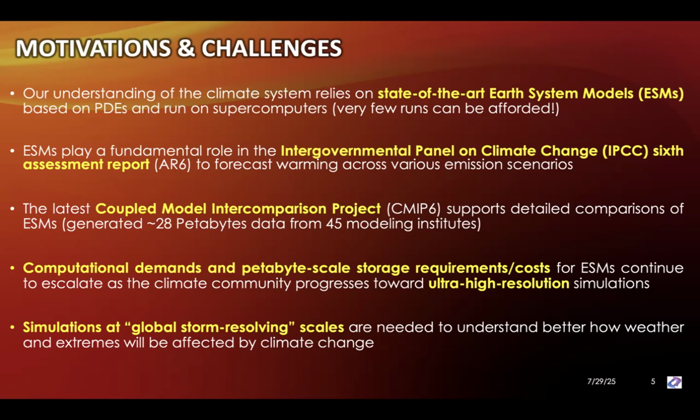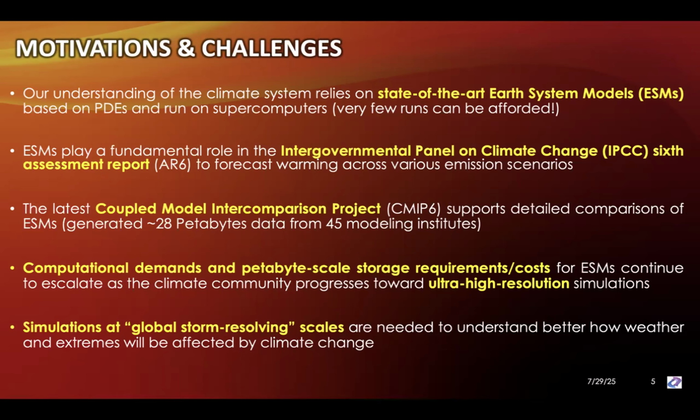To understand what's going on in the Earth related to the climate system, most of the existing work relies on Earth system models. They are a kind of PDEs and physics running on supercomputers to simulate what's going on in the Earth based on some historical data.